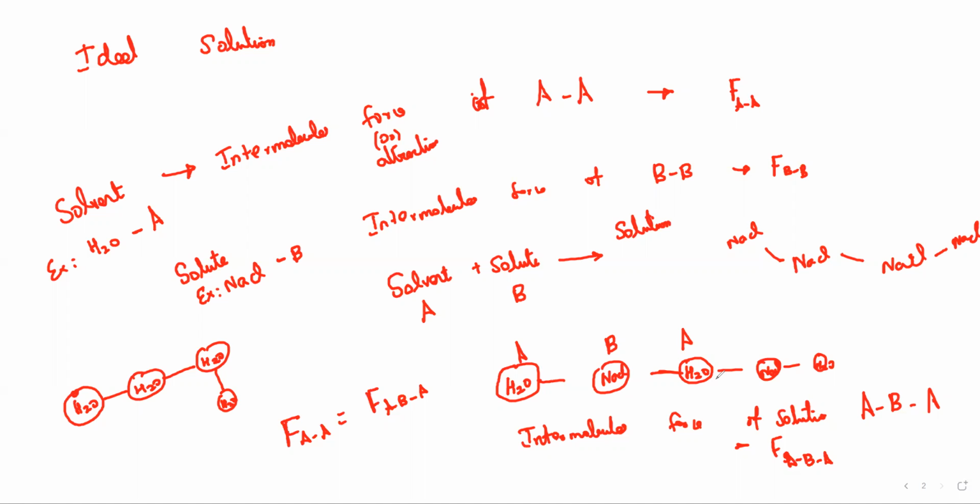Old intermolecular strength is the strength between A and A. New intermolecular strength is the strength between A and B. If these two forces are equal, by adding the solute the intermolecular strength is not disturbed, not increased or decreased, then it is called an ideal solution. Then it must obey Raoult's law.